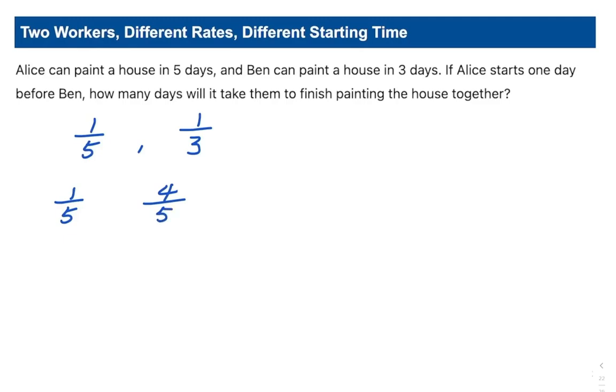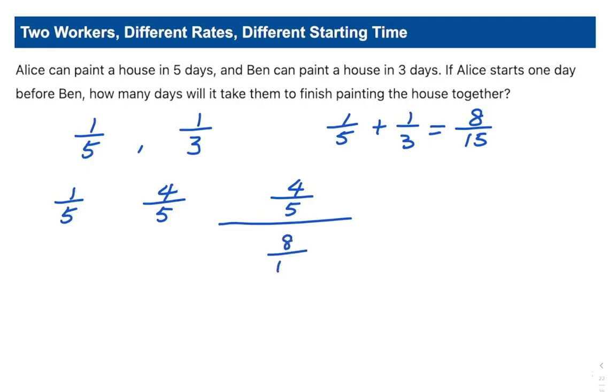Okay, how many days will it take them to finish painting the house together? If they paint together, the total rate is 1/5 plus 1/3, which is 8/15. So the 4/5 portion of the house will take them this amount of time, right? 4/5 times 15/8, which is 3/2 days.